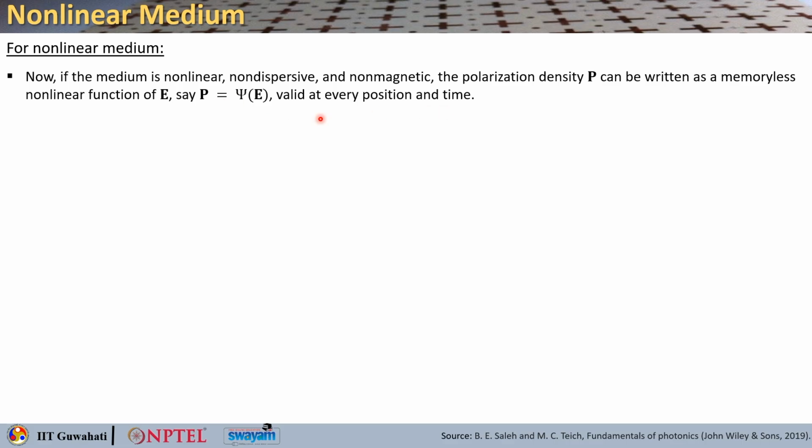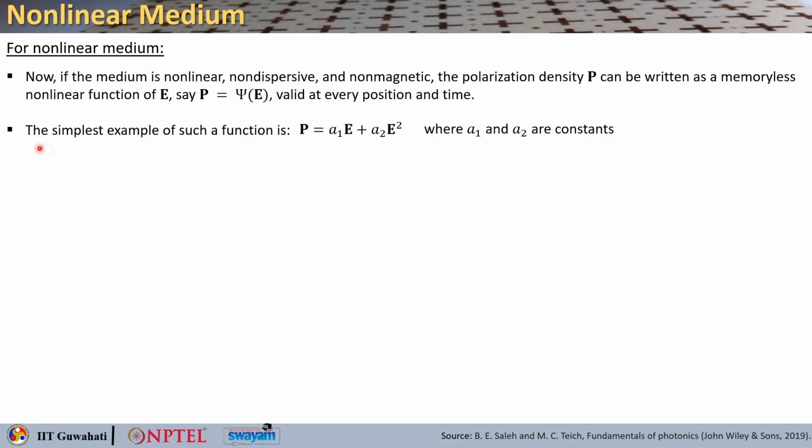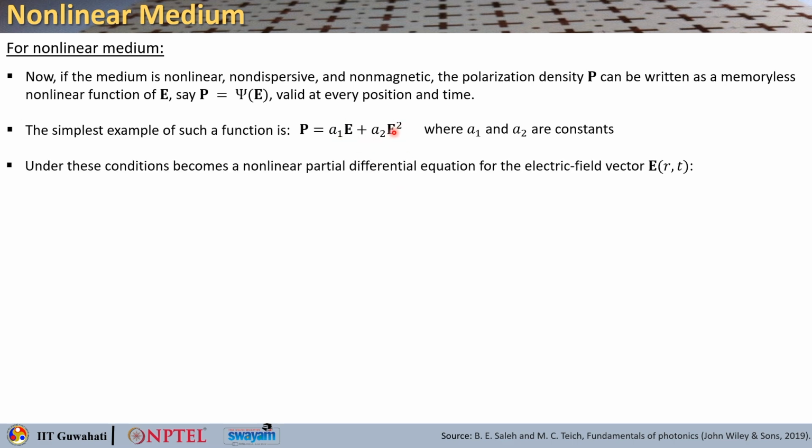So, there is no time dependence, and it is happening everywhere. This dependency can be represented like this. This is the simplest case. Say the polarization is dependent up to second power of E. So, you have a1 E plus a2 E square.